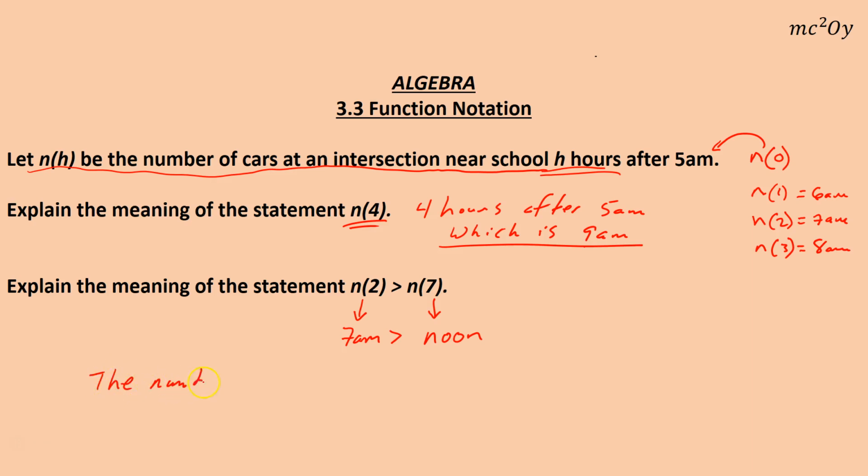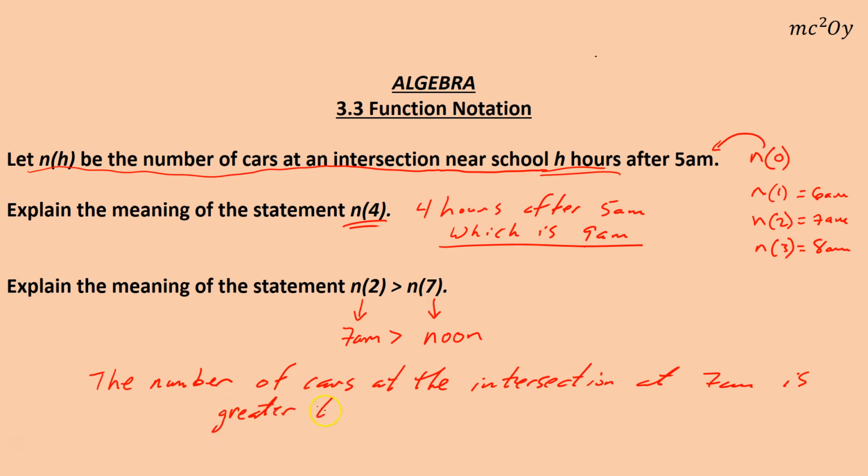The number of cars at the intersection at 7 a.m. is greater than the number of cars at the intersection at noon. All right, that's what it's saying.